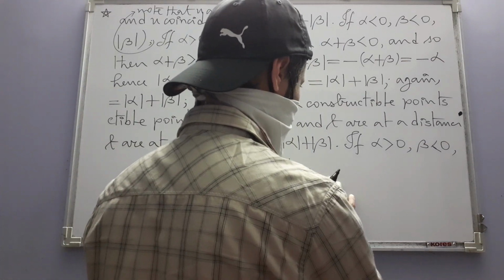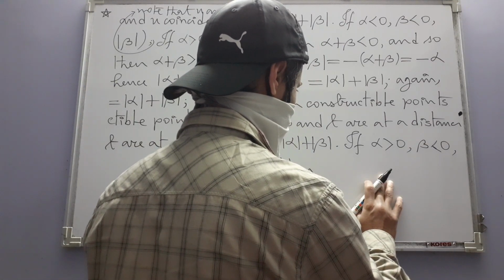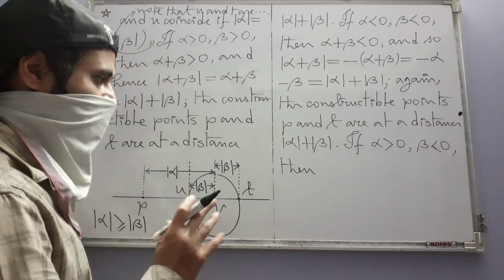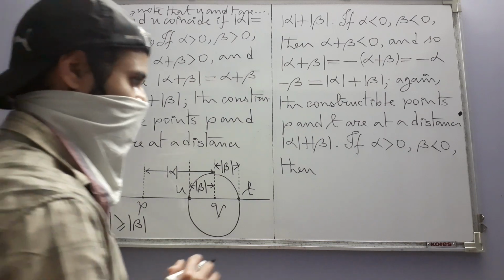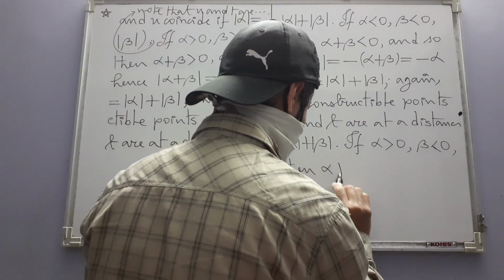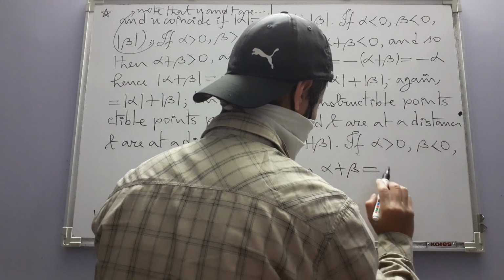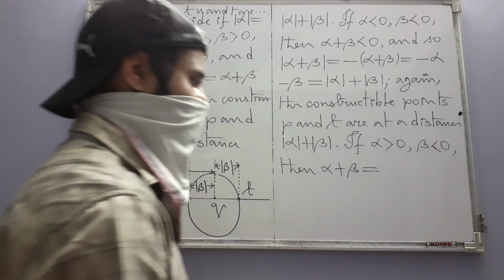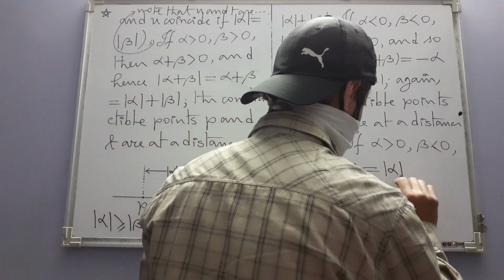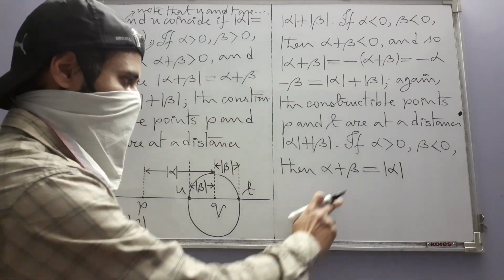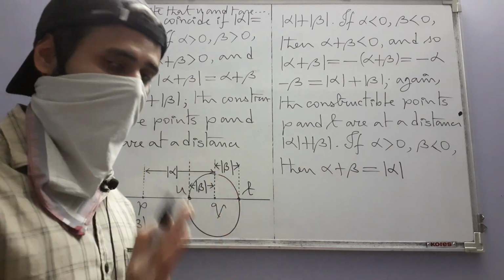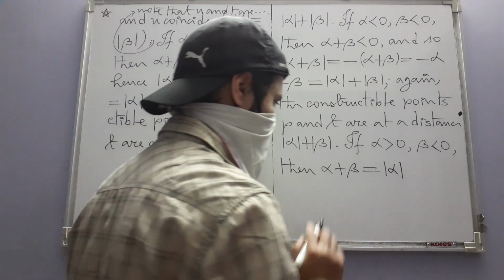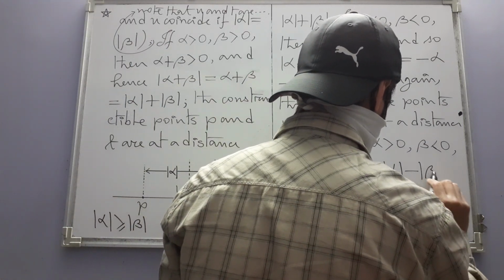Then we need to first of all figure out what alpha plus beta will be, more specifically what its sign can be. So alpha plus beta in this case, because alpha is positive, alpha is absolute value of alpha, and because beta is negative, beta is not the absolute value of beta, but minus beta is the absolute value of beta, or in other words, beta is this.